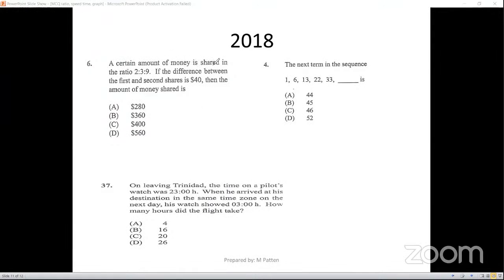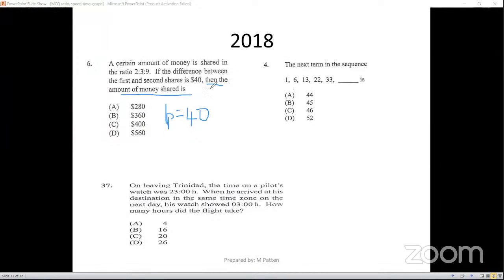All right, so the amount of money shared is in the ratio 2 to 3 to 9. The difference between the first and the second share is 40. We say that the difference between the first and the second is 1 part, since one is 2 and the other is 3. So they're telling us that 1 part is equal to 40. They're asking what is the amount of money shared.